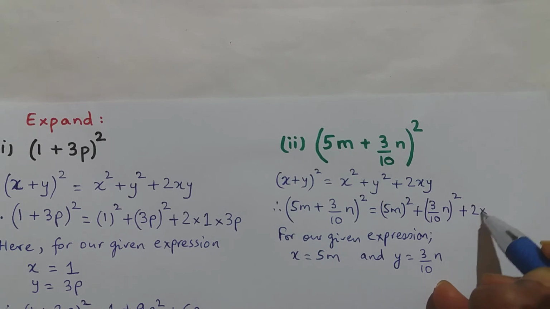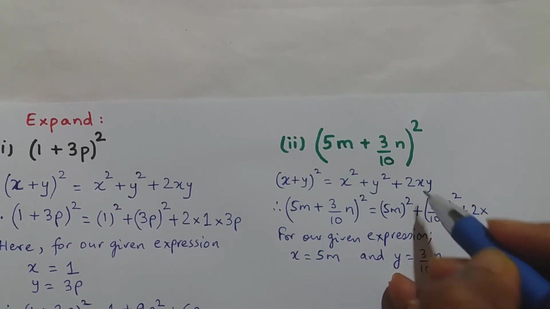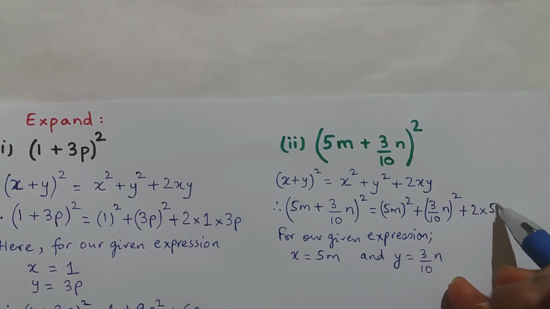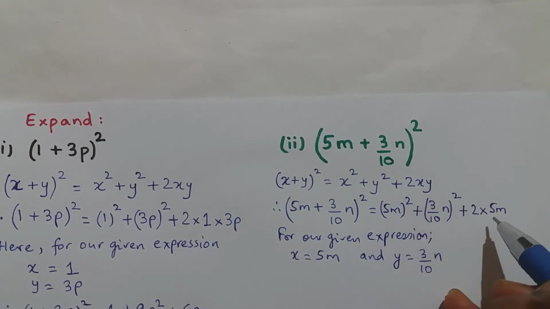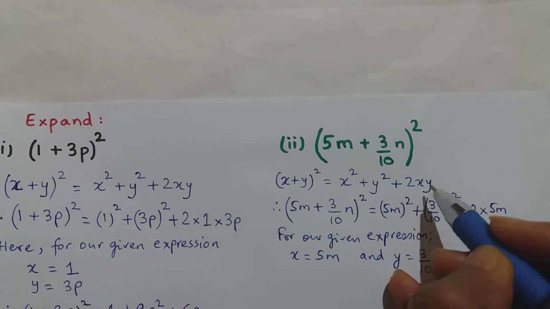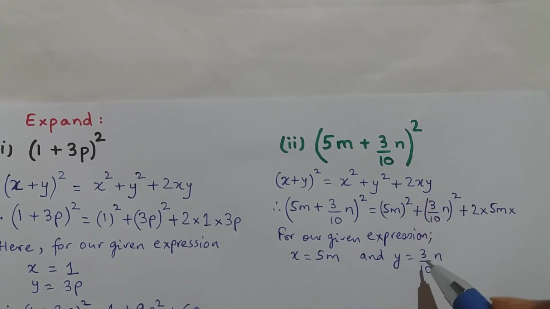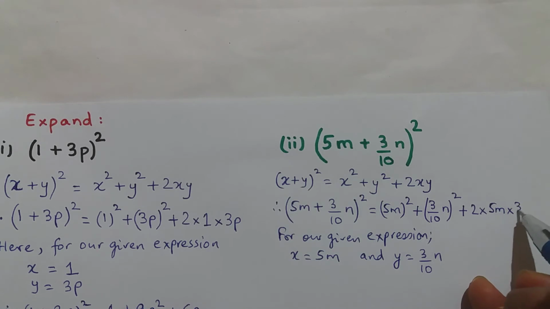So 2 into x. For us, x is 5m, so I will write 5m into y. Now y is 3 by 10 n, so instead of y, I will write 3 by 10 n.